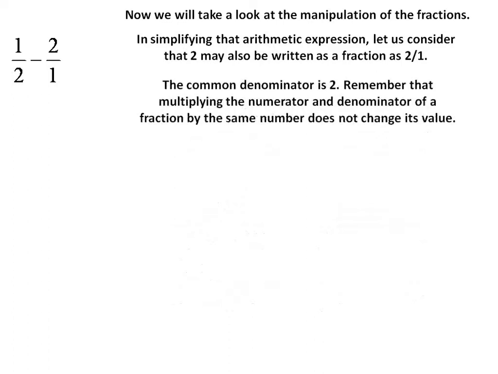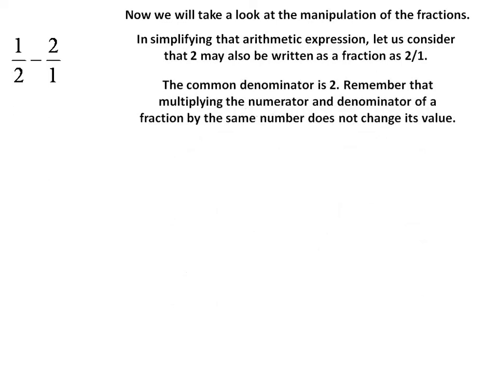Now we will take a look at the manipulation of the fractions. A half minus 2. In simplifying that arithmetic expression, let us consider that 2 may also be written as a fraction as 2 over 1. So replace 2 with 2 over 1. What do we do next? The common denominator is 2.